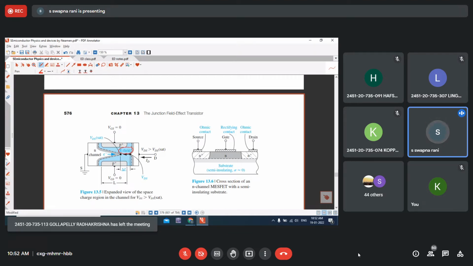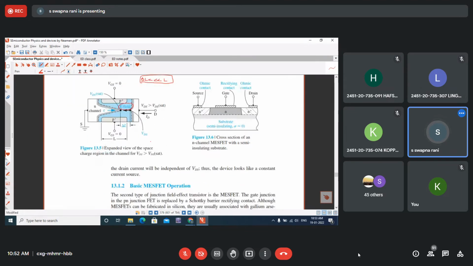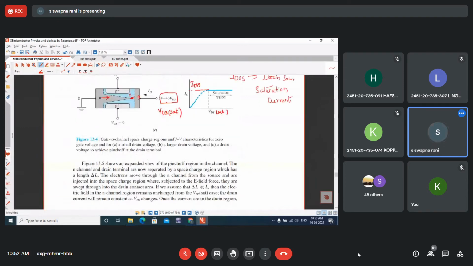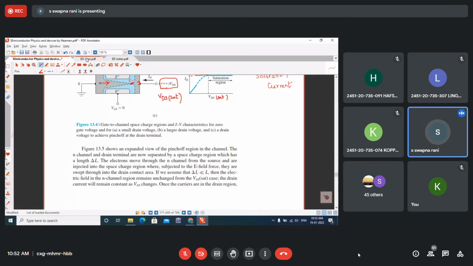This field is going to become constant because whenever the depletion region length is very, very small compared with the length of the channel, the electric field across the depletion region becomes constant. And therefore, once the electric field is constant, the fixed number of charge carriers moving from source to drain also will be fixed. So that is why current becomes constant. So this is the working of the JFET.